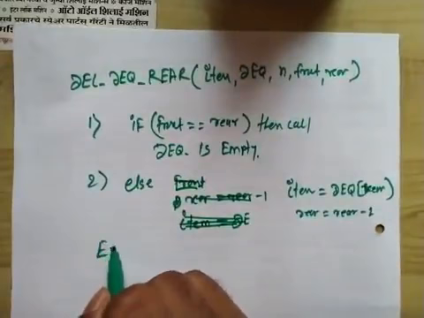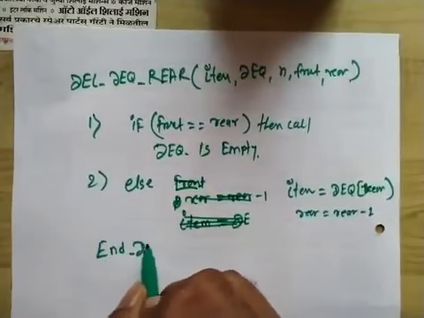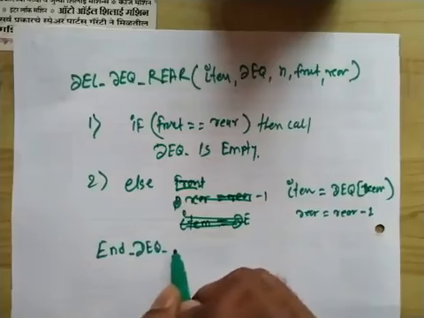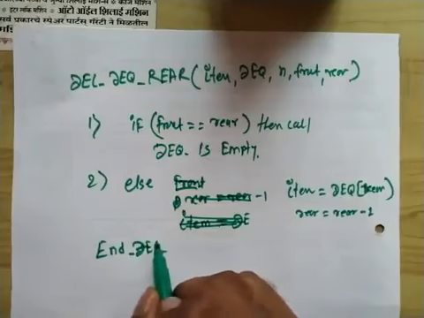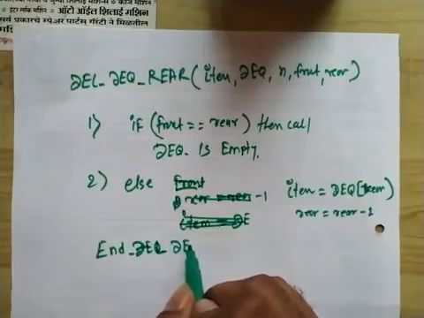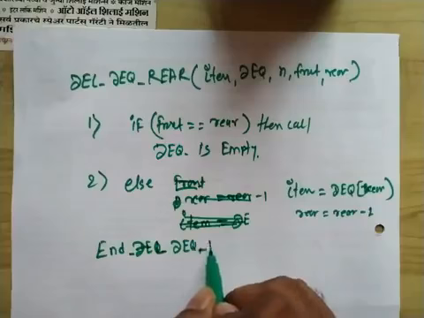And this is the end of delete dq through rear end.